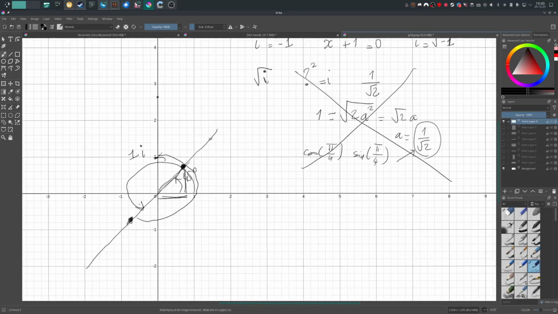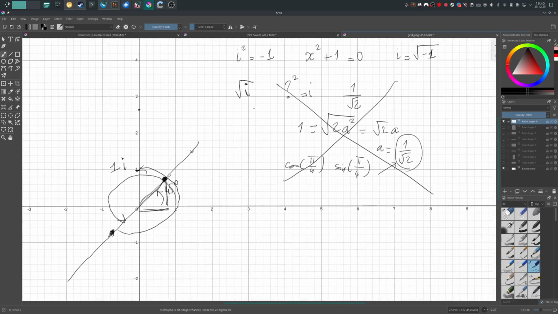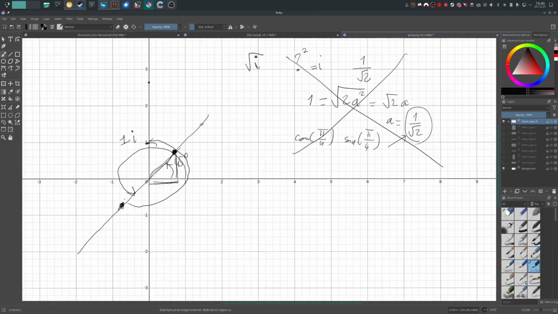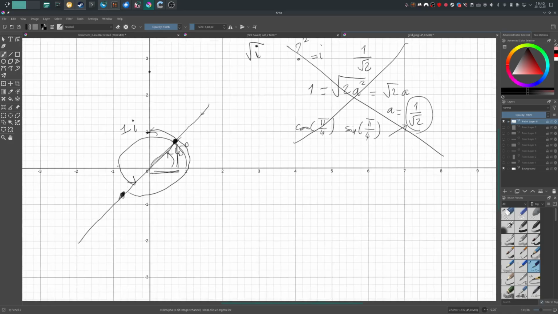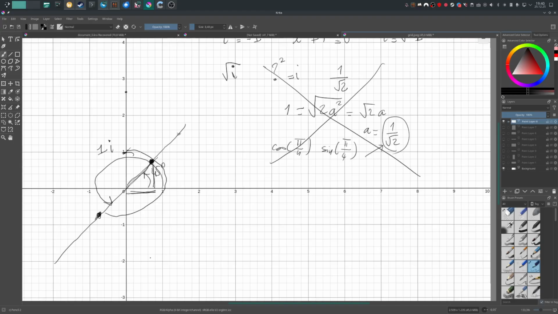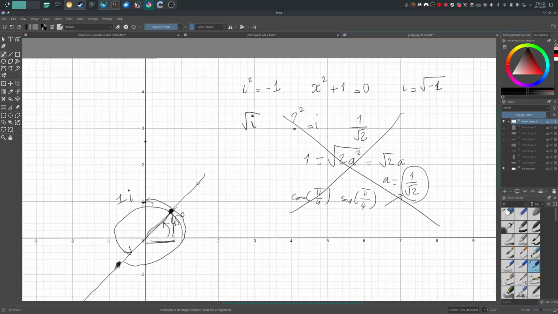So the two solutions are not just 1 over square root of 2. You have another one that is minus, the opposite of this one. But yeah, that's essentially it.